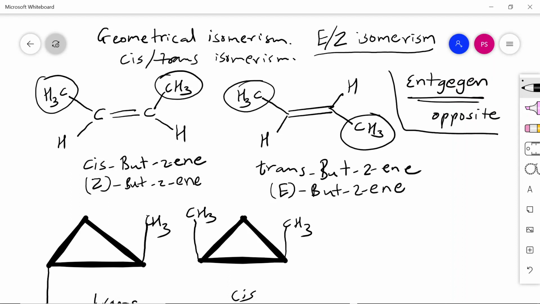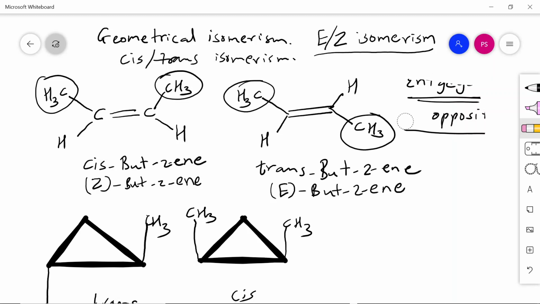And Z is derived from German word zusammen, that is on same side or together. So Z means cis and E means trans.